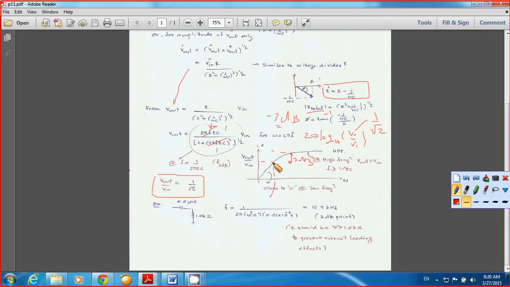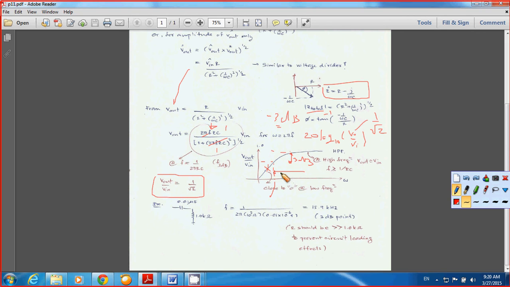And that means the signal that you can use for audio, or some kind of sound or whatever, the range where it works is going to start from the 3 dB point. And since the ratio is very low below that, it seems like we can reject that range of frequency.